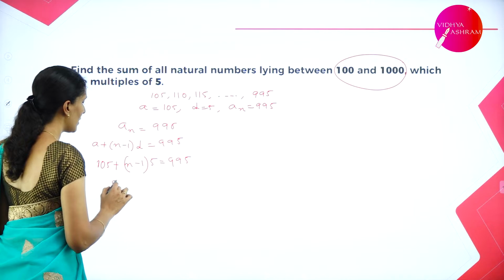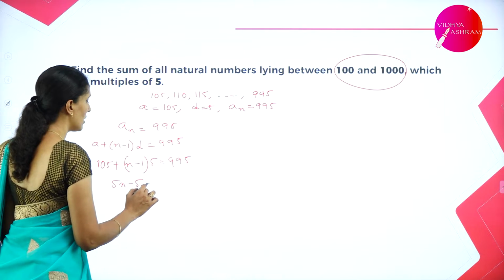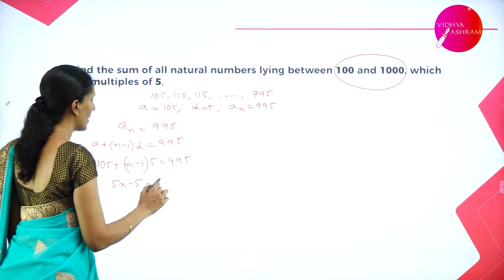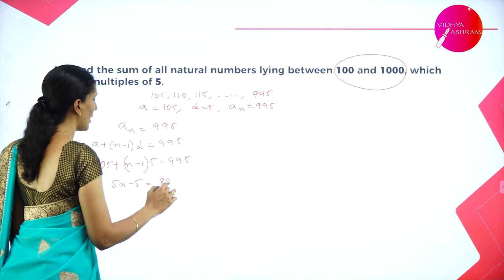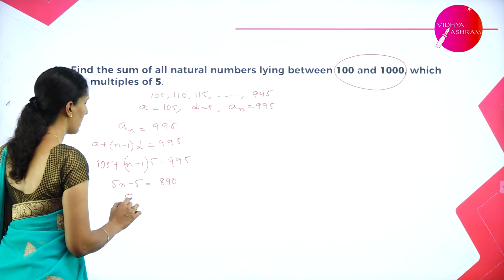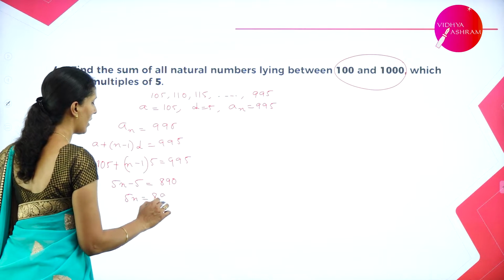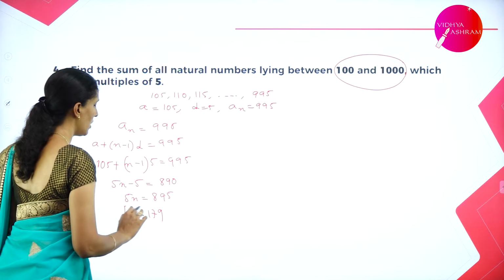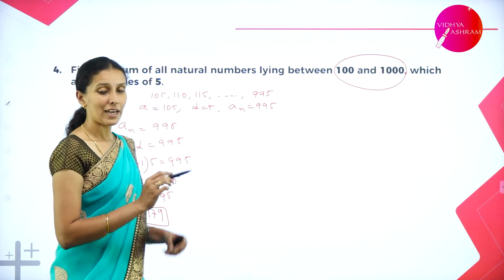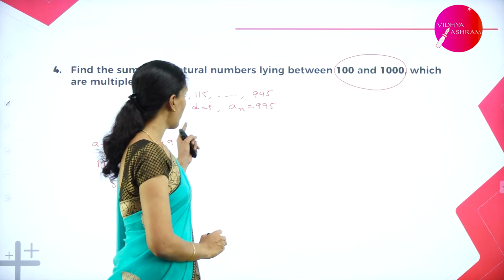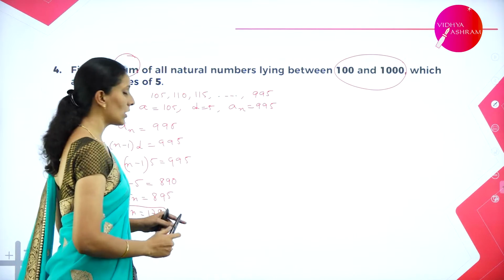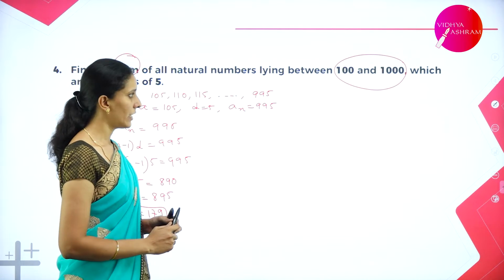So when you multiply, this is 5n minus 5 is equal to 995 minus 105, which becomes 890. Next I have 5n is equal to 895, n is equal to 179. So you have in total 179 numbers from 105 to 995.